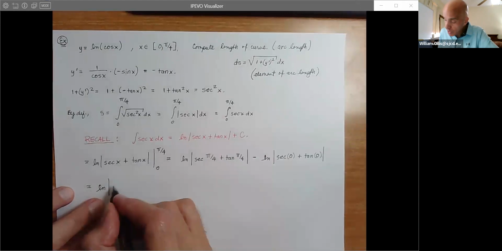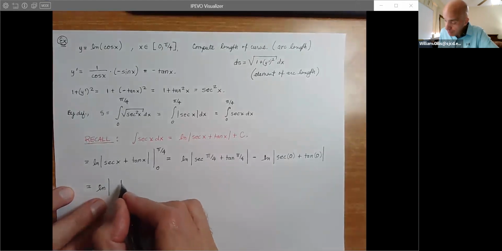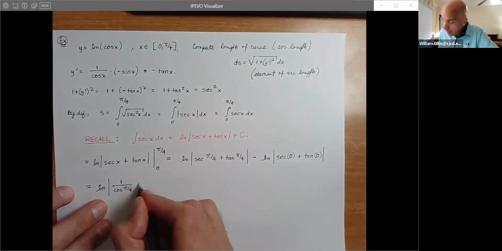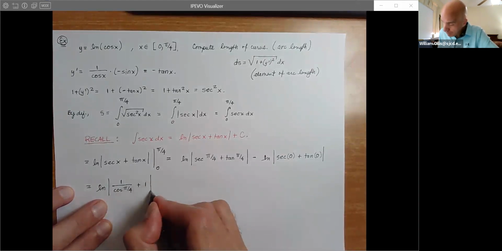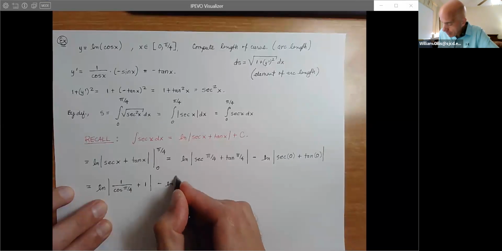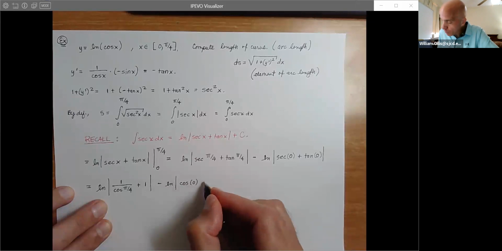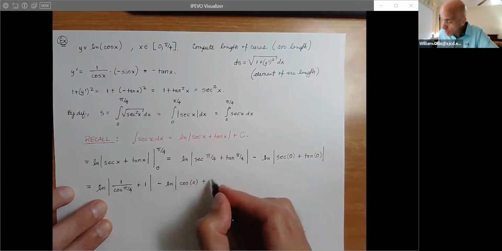So again, we can just write this as 1 over cosine pi over 4, if you like, since that's what everybody remembers. The tangent of pi over 4 is just 1. And I'll write this as cosine of 0 since everybody's more comfortable with that. And of course, tangent of 0 is 0.